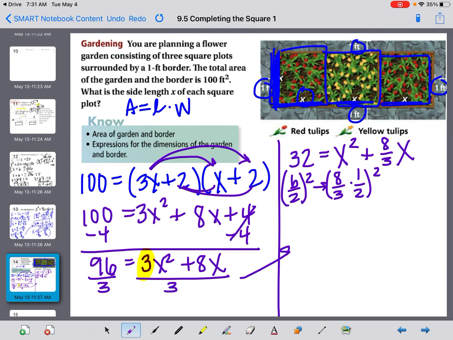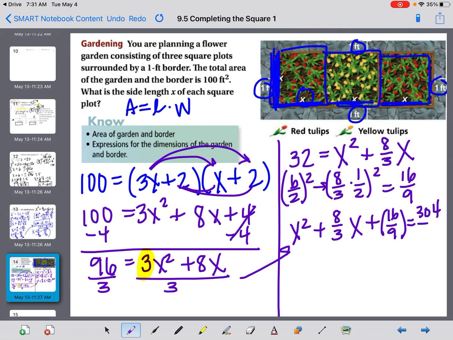And then when I square 4/3, I get 16 over 9. So that's what I'm going to use to add to both sides. All right, I'm going to switch it and put what everything equals on the right side. So I will have x squared plus 8/3 x plus 16 over 9 is actually equal to 304 over 9.